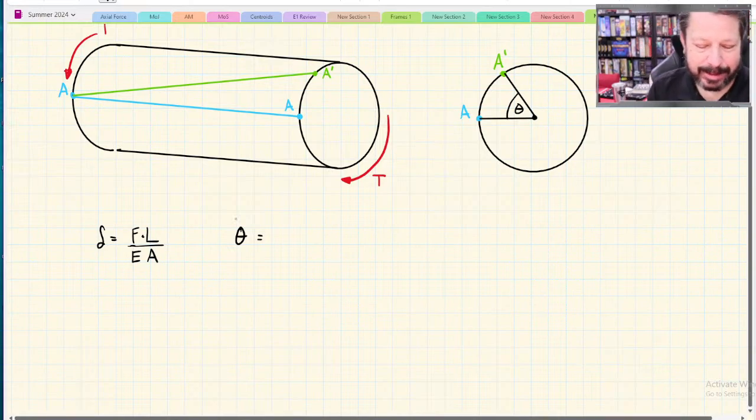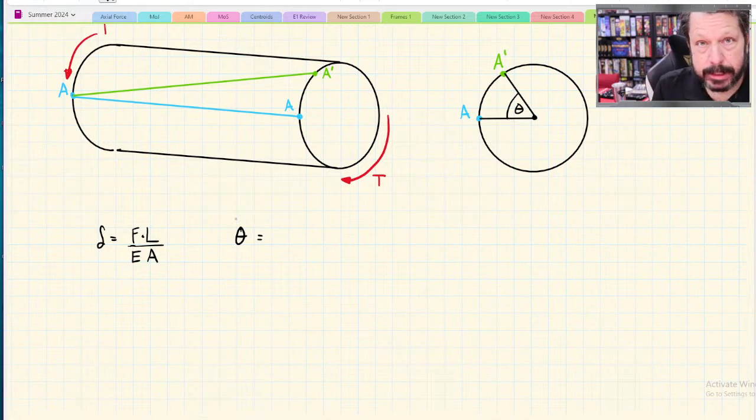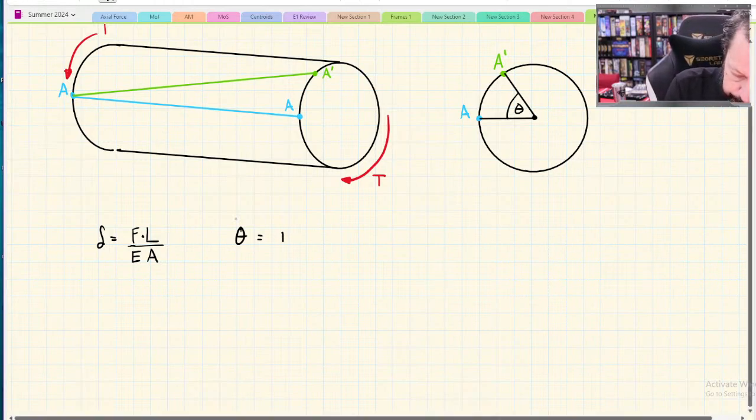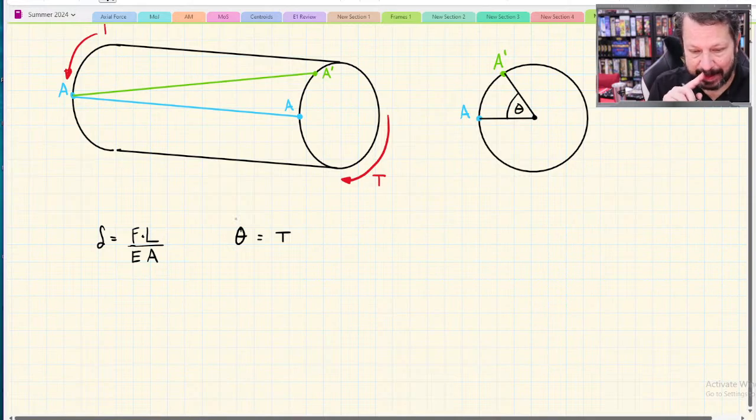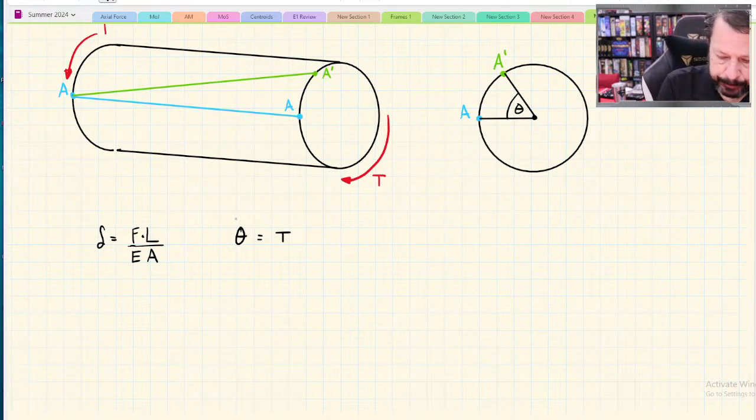So FL over EA. The angle of twist equation is very similar. Instead of force, we have a torque. It is still dependent on the length, in this case the length of the rod.